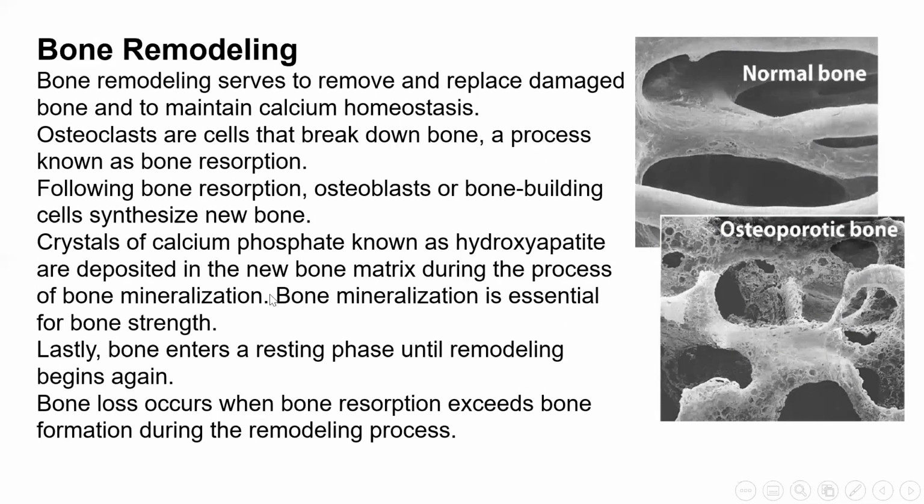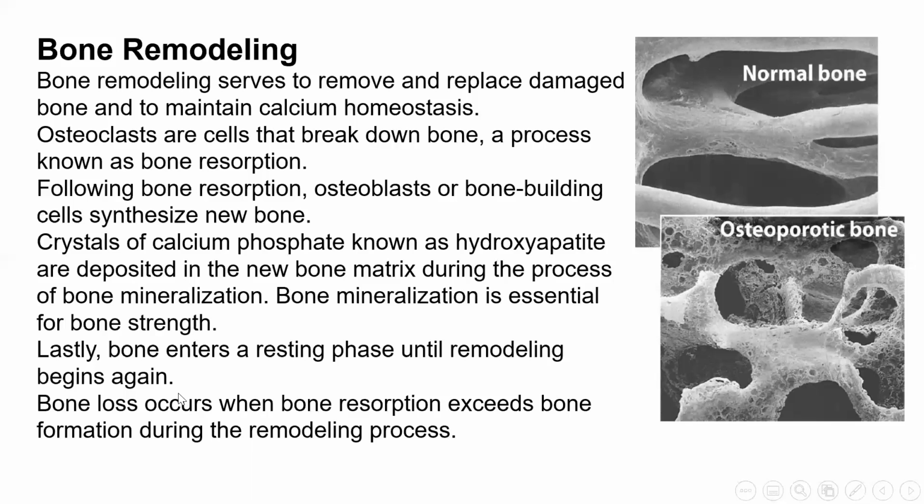These crystals are deposited in the bones and increase bone mineralization and bone density, so at the end there is an increase in bone strength. After these two phases, one led by the osteoclast and one led by the osteoblast, there is what is called the resting phase, until the remodeling phase starts again.